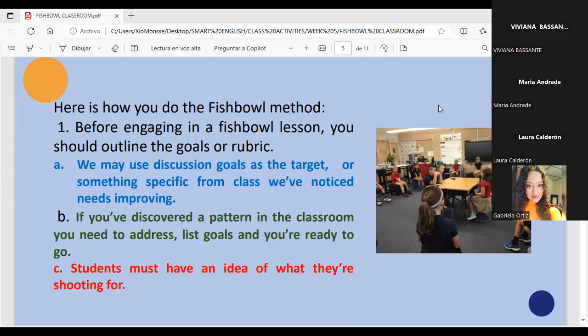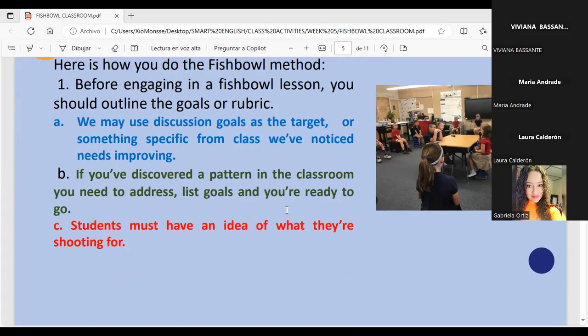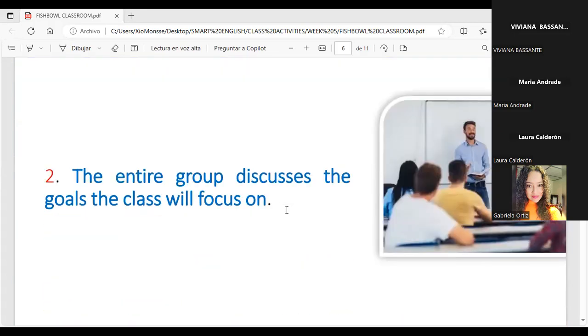This is something that you're going to do in order to reflect about the unit. If you discover a pattern in the classroom, you need to address it. Let's go, and you're ready to go. A student must have an idea of what they are shooting for. The entire group discusses the goal the class will focus on.